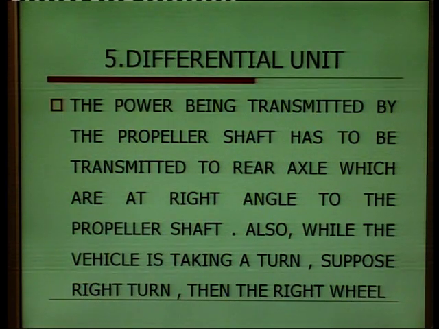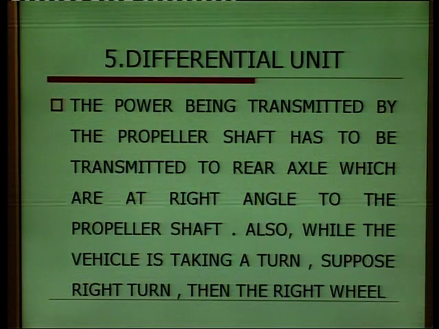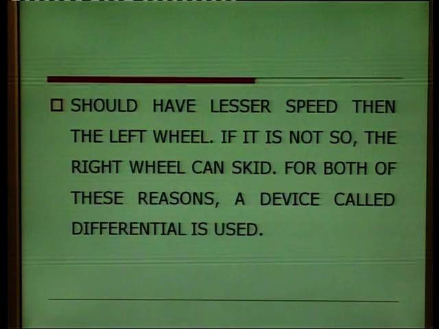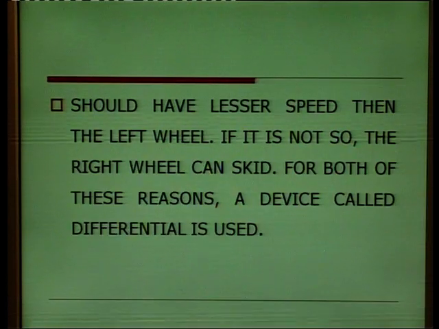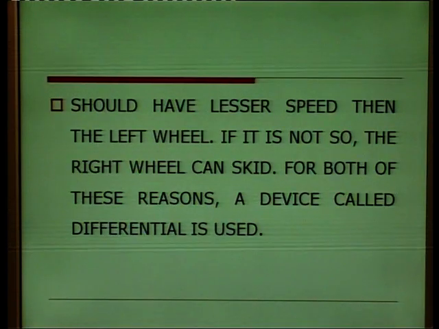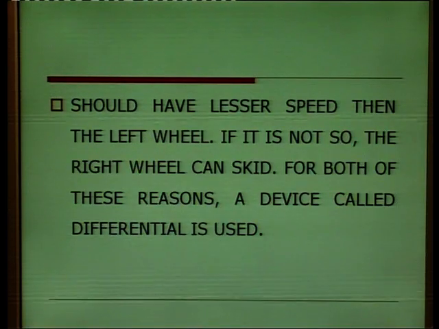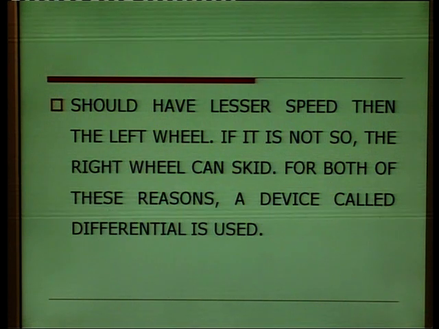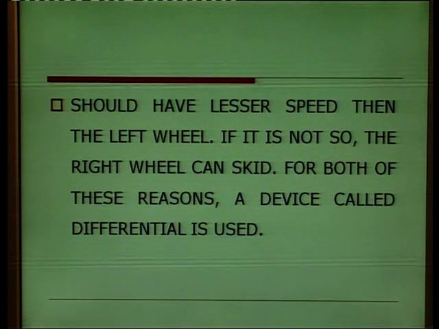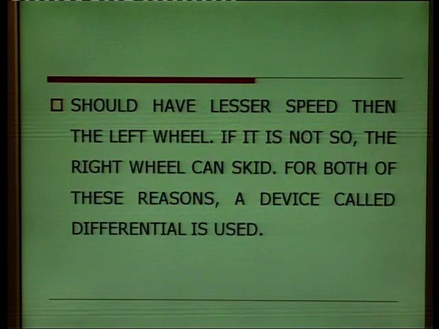Also, while the vehicle is taking a turn, suppose a right turn, then the right wheel should have a lesser speed than the left wheel. If it is not so, the right wheel can skid. For both of these reasons, a device called differential is used.